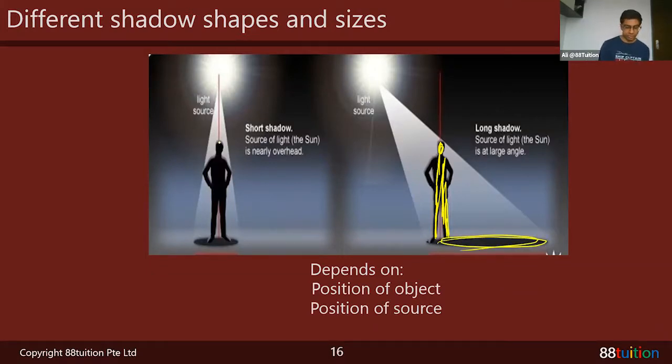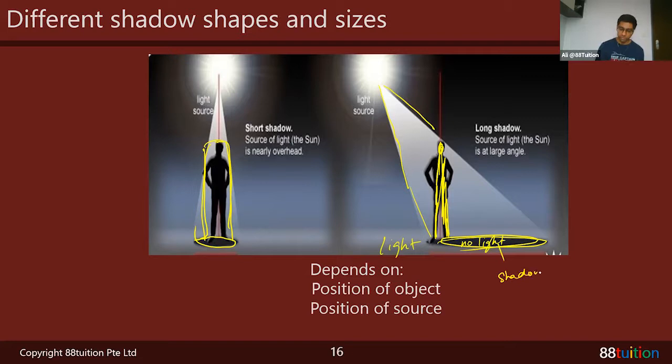Whereas here, he's only blocking this part, so it forms a narrow shadow. This is how you look at it, because the light is coming from here, and whatever light can shine, that is light. Here is no light. So when there's no light, this block is a shadow.